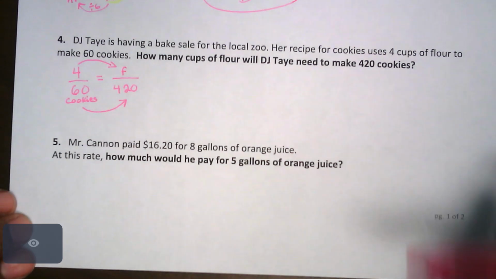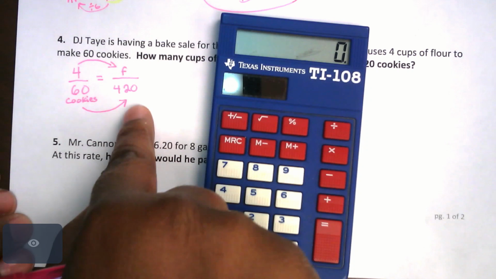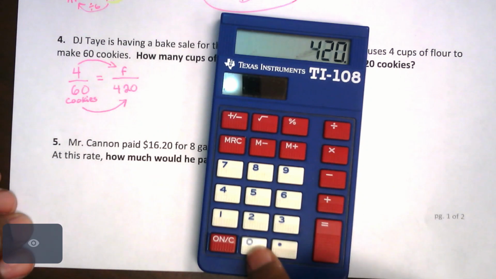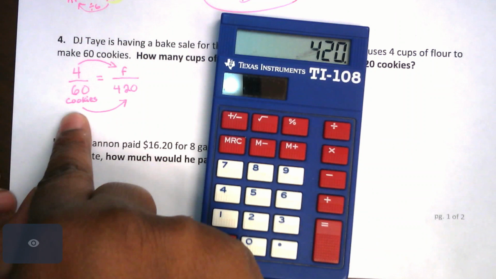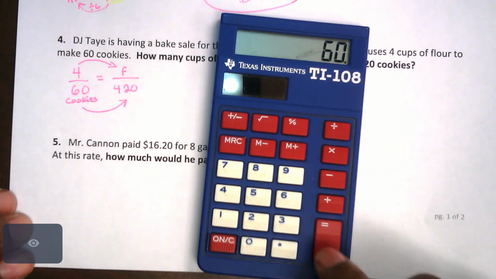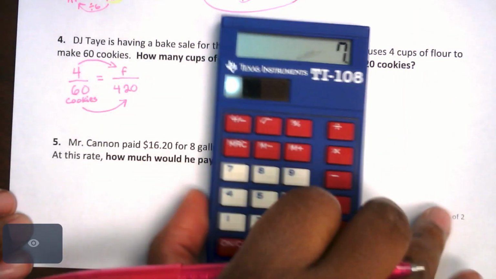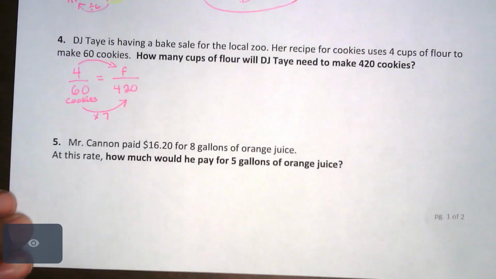So I know I got to multiply by something. So let's see what. I see my arrow is pointing to 420, so that's what I'm going to put into the calculator first. And then I'm going to click divide, and what's at the tail end of my arrow here is 60. So 420 divided by 60, and I get 7. That means that I had to multiply by 7 here.